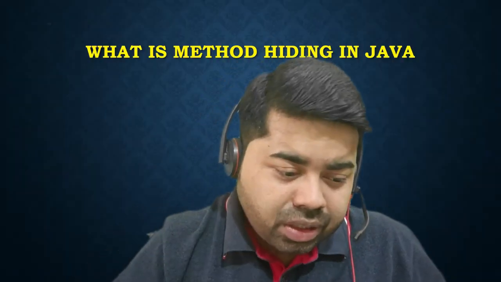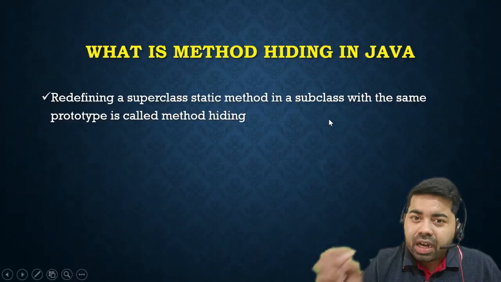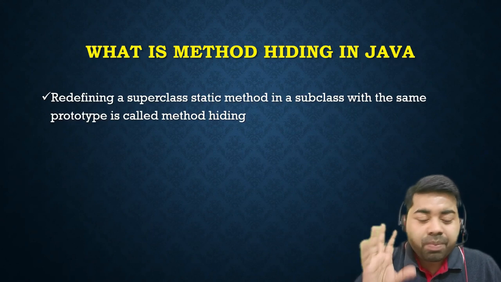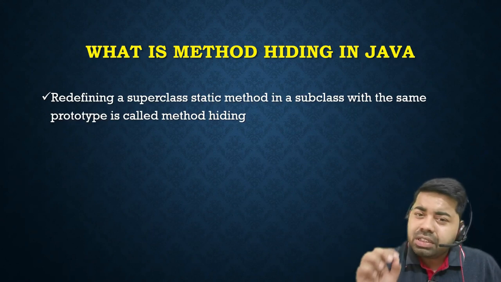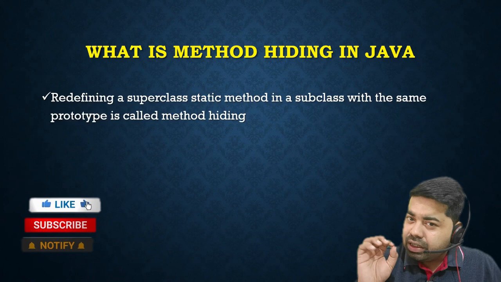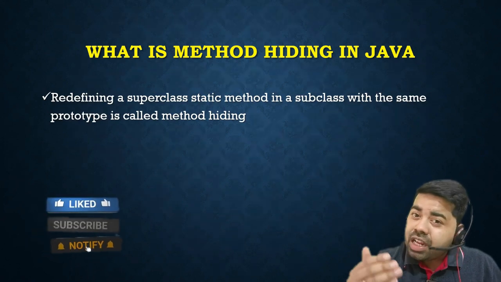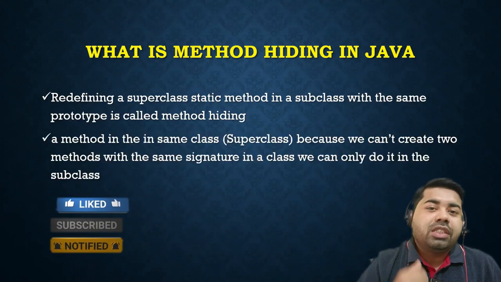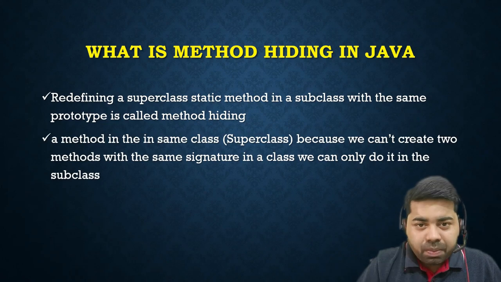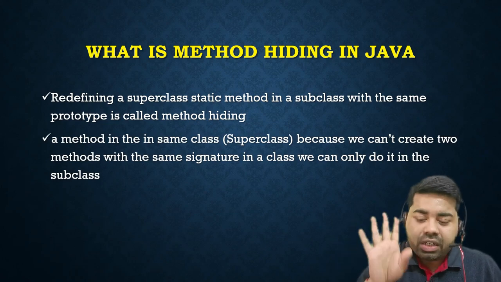In the case of method overriding, also the same thing: you cannot override the method in the same class because the method signature is the same. This rule is applicable for method hiding and method overriding, so please do not confuse that. It must have two classes, superclass and subclass. You cannot perform it in one class.